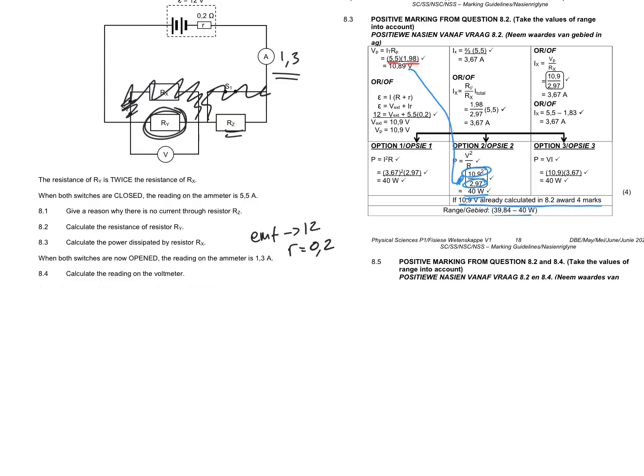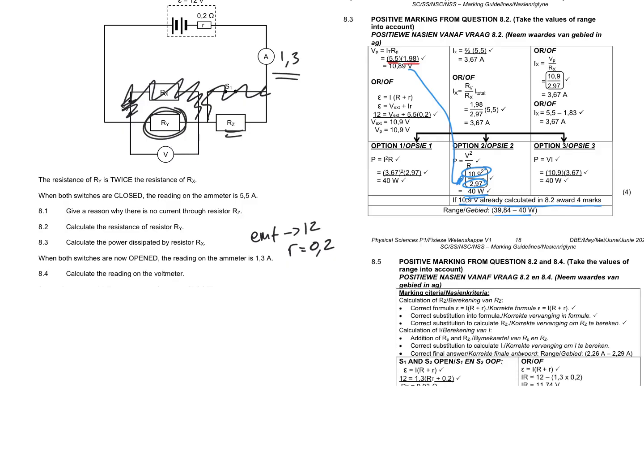This is maybe a bit of an easy question actually, maybe you'll think so, maybe you won't. But if the switches are open, you can still use the EMF number, and you can still use the little r, and obviously now the current, to get the total resistance.